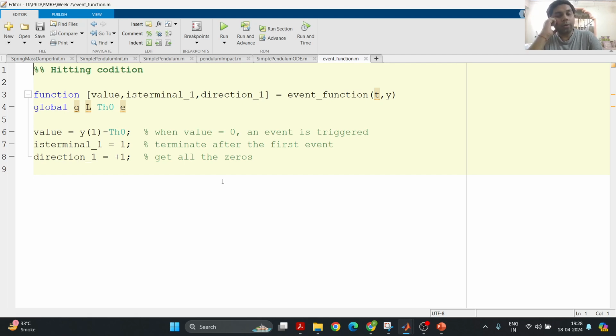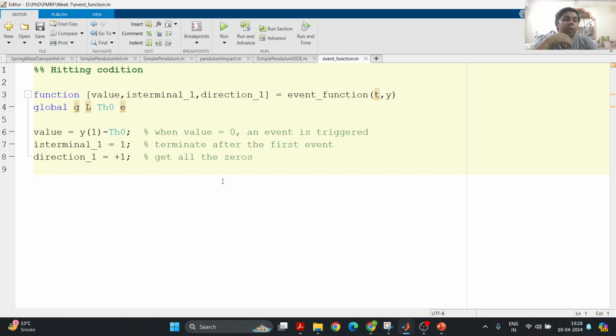So y, the state vector y, will contain basically theta and theta dot. So the value variable will contain the difference between the instantaneous angle minus the angle made by the wall.